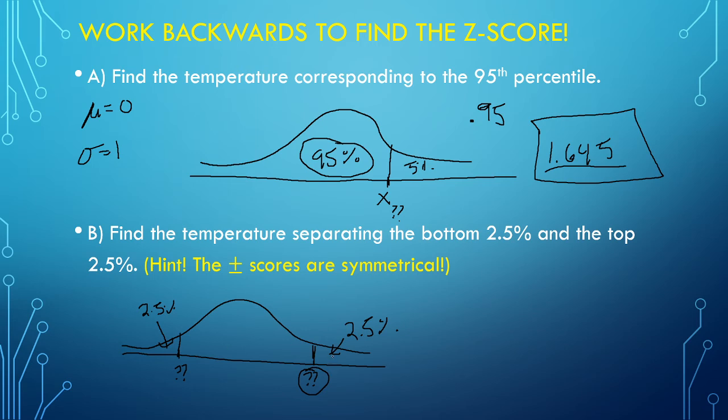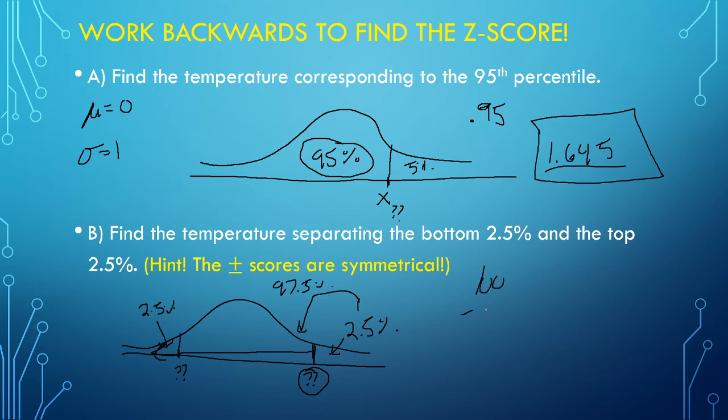So if I want to look for what value represents the marker for the top 2.5%, I'm actually going to flip that and ask what value represents the marker that's above 97.5% of the rest of the data. Because if this is the top 2.5%, that means from this value on down is 97.5%. So again, if you're looking for values that are on the right-hand side, you have to change them to left-hand side values by using that 1 minus trick.